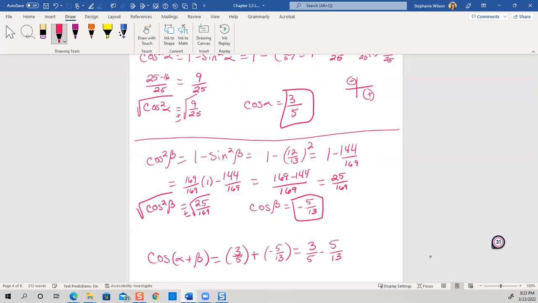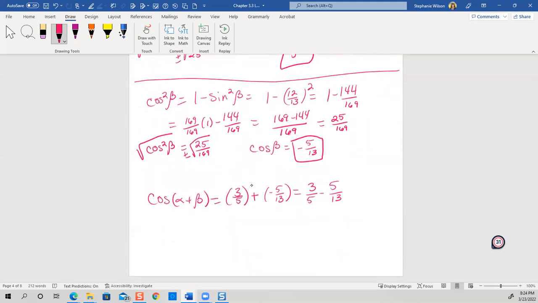Okay, in order to do this, we need to have a common denominator. So we're just going to multiply. Let me make myself more room. I'm going to multiply this one by 13 over 13, because 13 and 5 are both prime, so we might as well multiply them by each other.